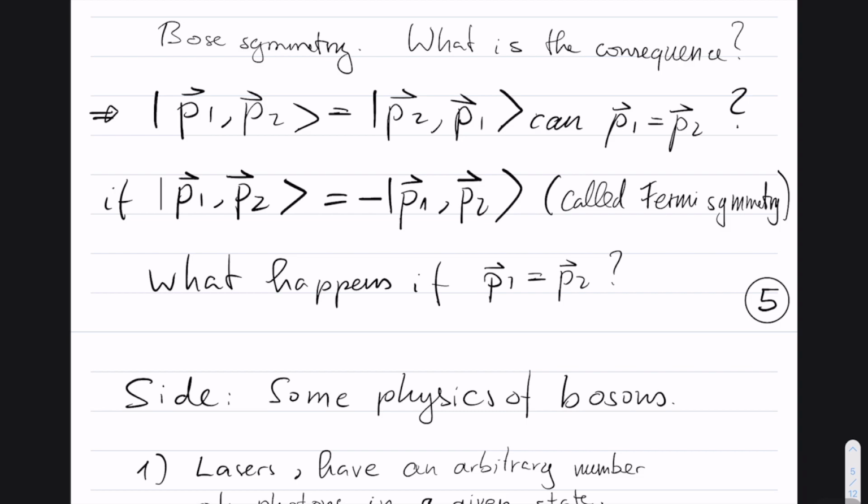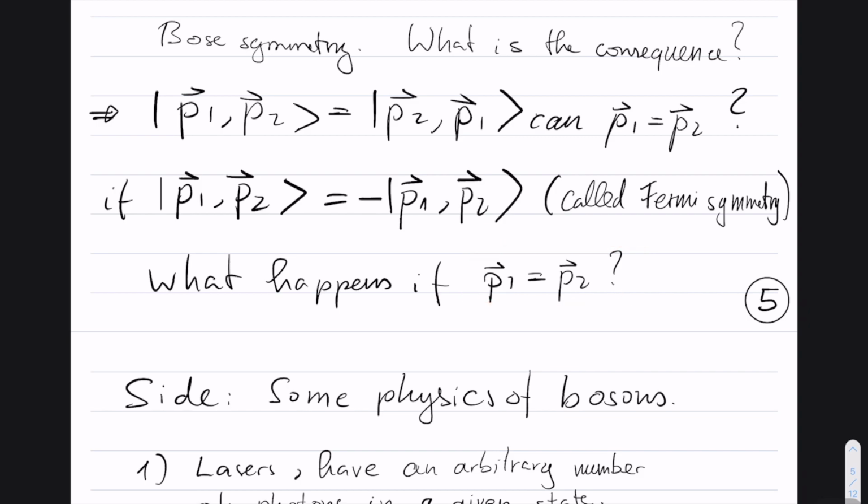Now, just as a contrast, imagine another type of particles that we will encounter much later in the course. They are called fermions, or particles that satisfy the Fermi symmetry. Here, by flipping the two particles in the state, we get a minus sign in front of the wave function. So now what would happen if we set P1 and P2 equal in this case, right?